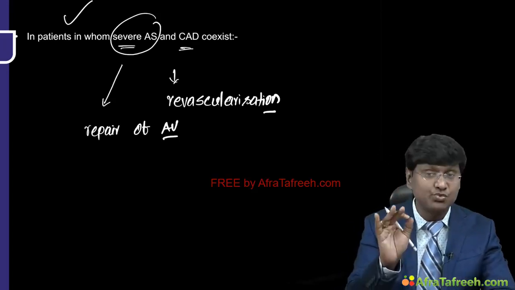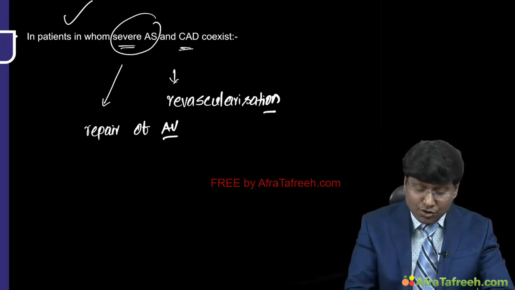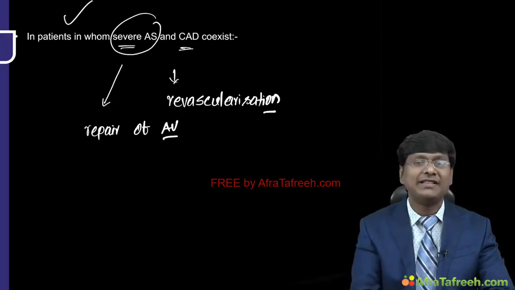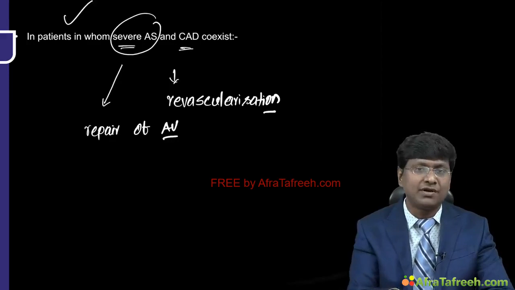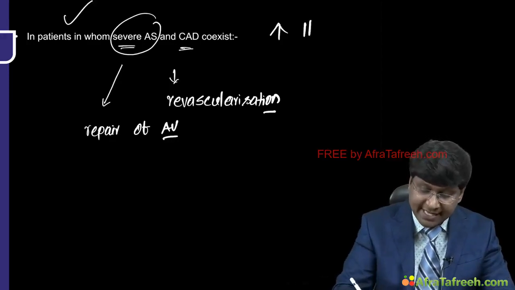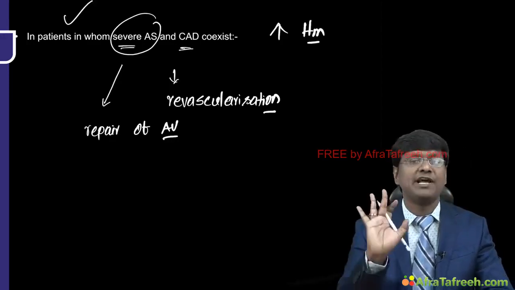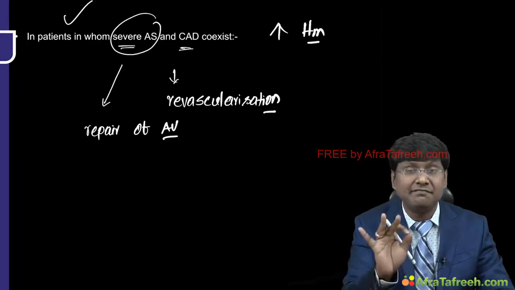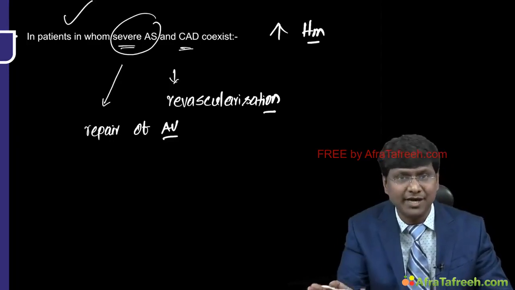Okay, that is very, very important. See, once you do revascularization along with the aortic valve repair, if there is a coexisting coronary artery disease, there is a very good hemodynamic improvement, okay?